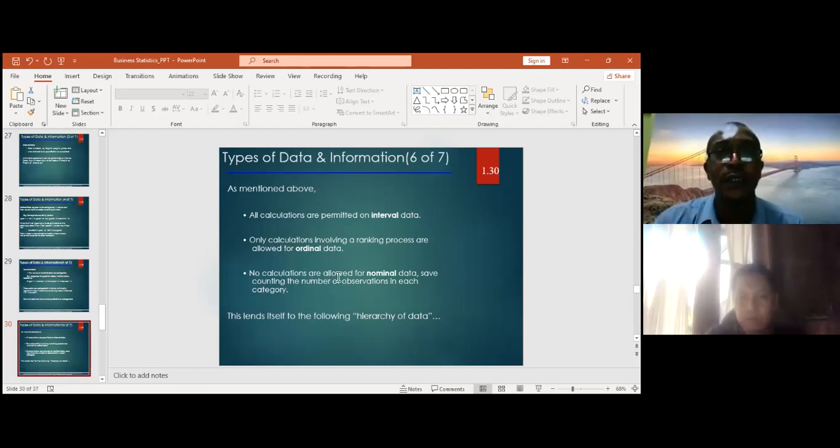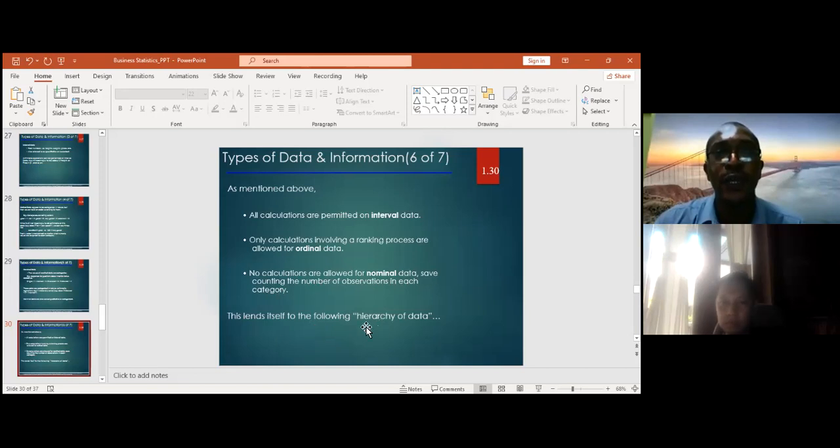No calculations are allowed for nominal data, save counting the number of observations in each category. So this lends itself to the following hierarchical data. That's the reason why the first slide under the types of data and information, we started with the hierarchical data, meaning that in order of importance: interval, ordinal, then nominal.